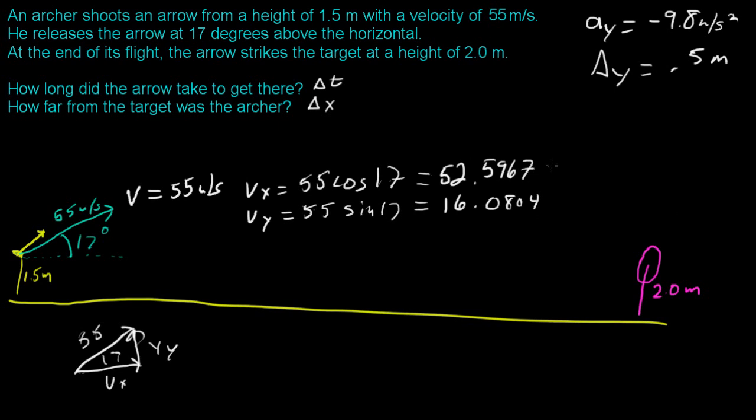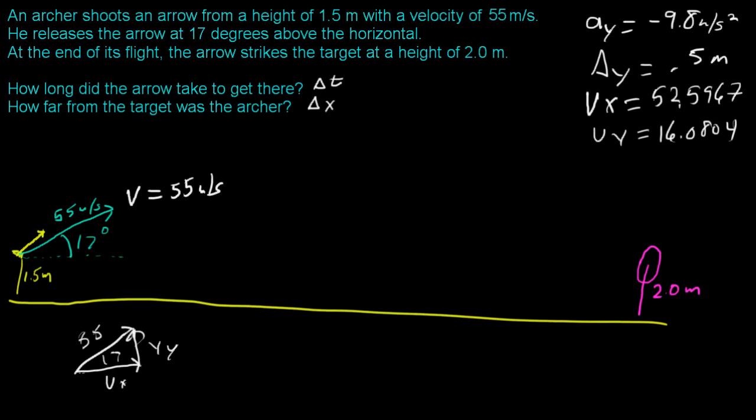Alright, so what now? Well, let me write these up here. So we know Vx, so we just found it, 52.5967, and we know Vy, 16.0804. Let's move the rest out of the way.